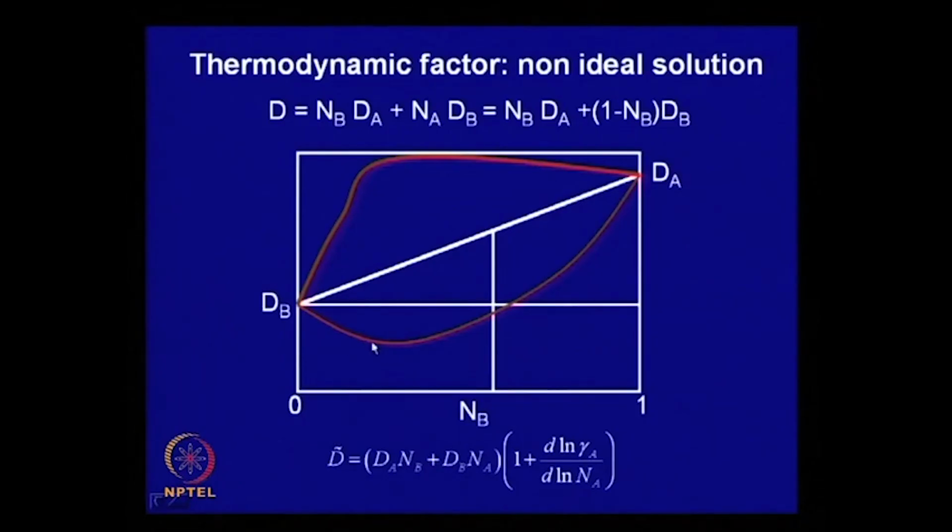So we need another correction factor, which we call a thermodynamic correction factor, and this is defined over here as an activity coefficient. In thermodynamics this has been worked out in detail, and you can refer to a course book on thermodynamics for this derivation.